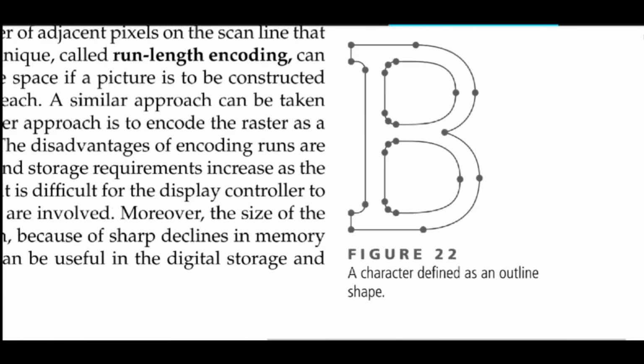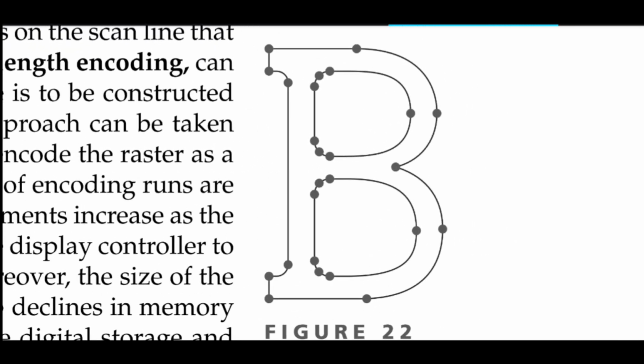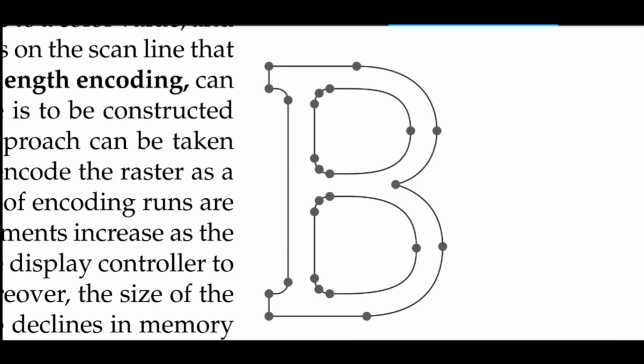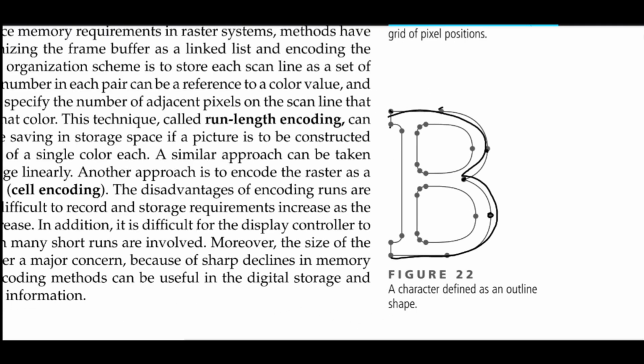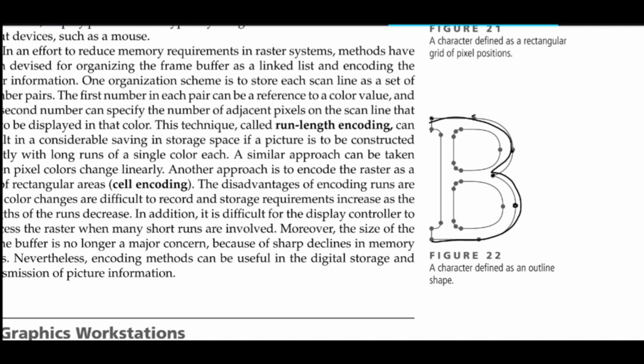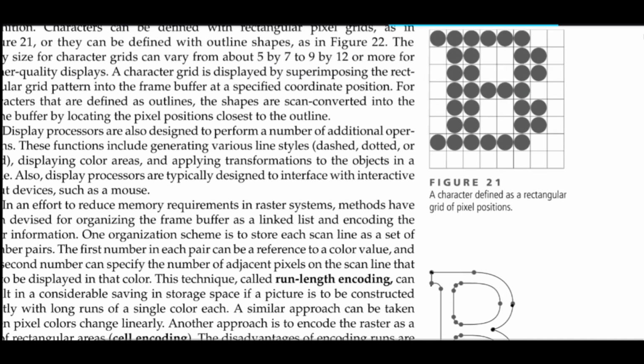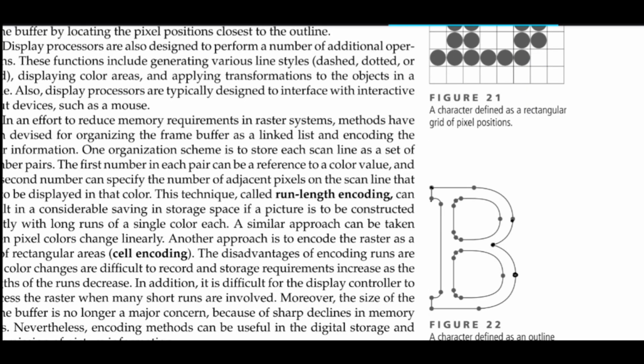This is showing an example: in the B, these pixels are needed to glow. Here are two techniques called run length encoding and cell encoding. First, you have to understand run length encoding.